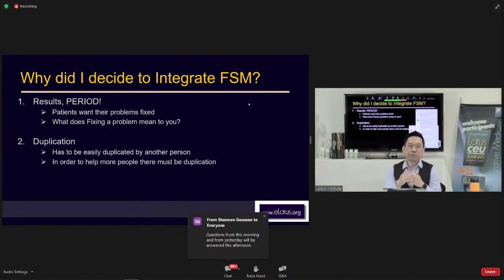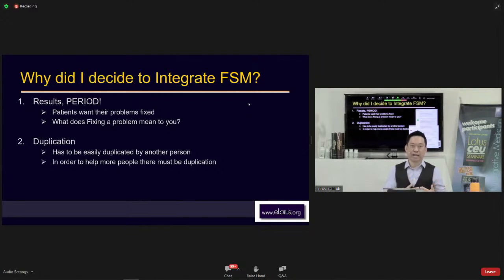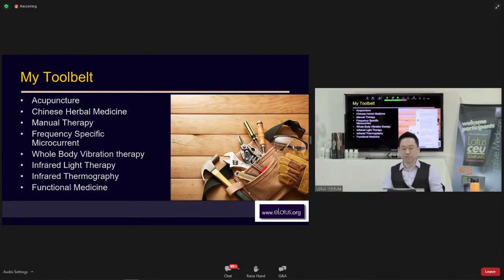So we do a lot of what I consider clinical research, right? And what that means is, we know exactly what each of these tools in my tool belt can do because we test it. And how do we test it? So a little bit more about me. I have a biochemistry background. That's what I have my bachelor's in.